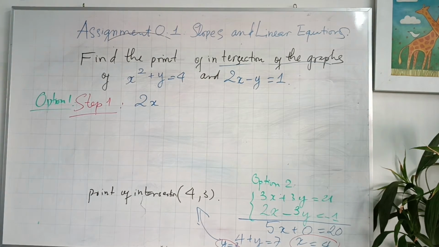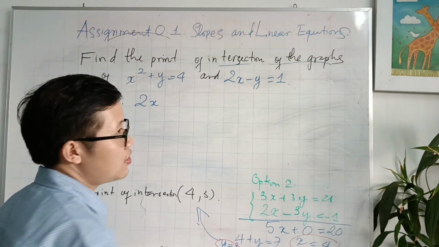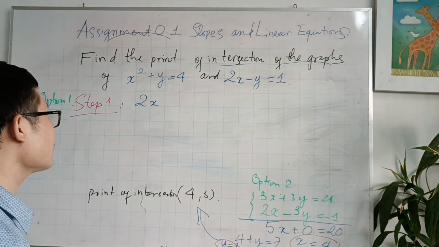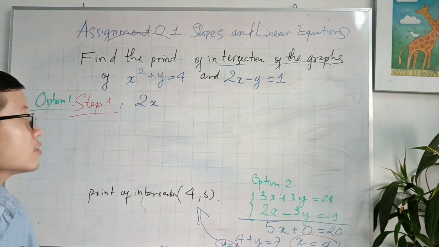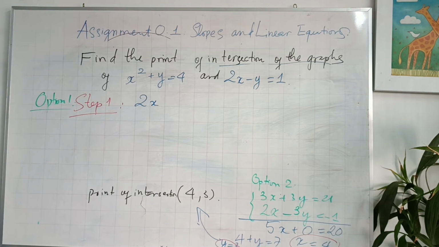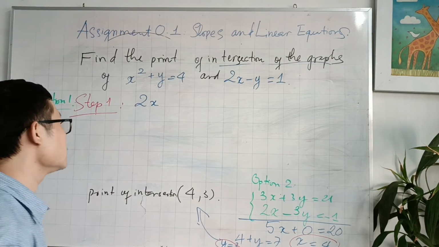But when you do exercises, you are so confused and you don't remember whether to do option 1 or option 2, so I show you two options. I think that when you prepare well at home, you will get a high score when you have the actual exam in your high school.